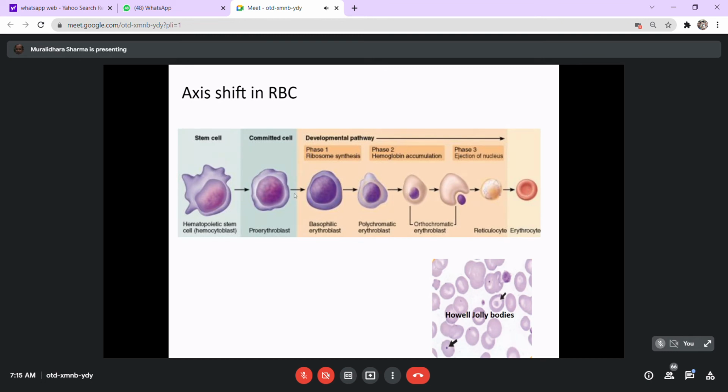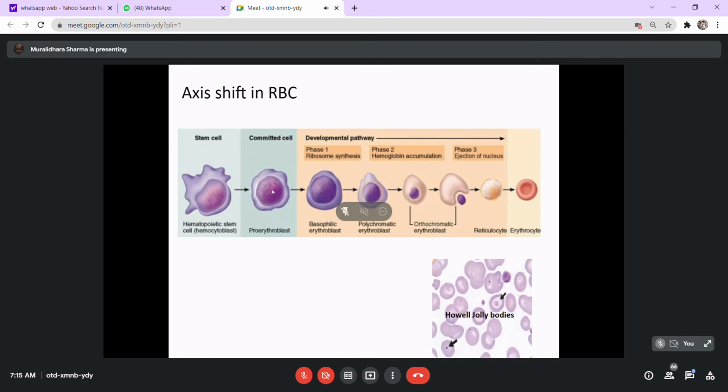So a properly grown RBC would have a gradual reduction in size, and usually in the peripheral smear, you will see a large number of these mature erythrocytes, which are biconcave shaped discs of 5 micron size, or very occasionally a few reticulocytes. These other premature cells are not normally seen in the peripheral smear.